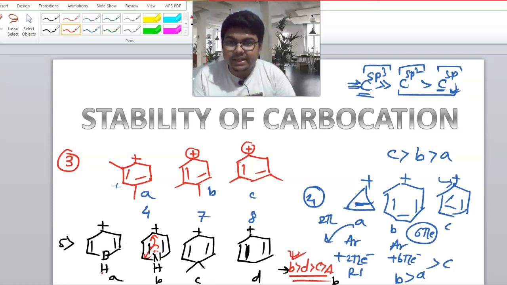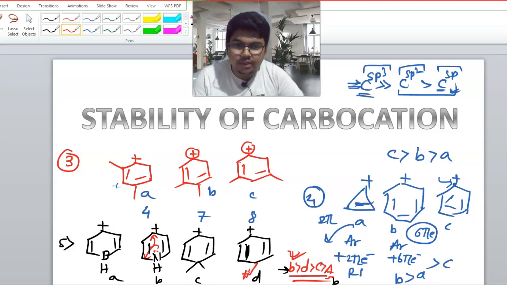Similarly structure A is anti-aromatic, so it is least stable. 4 pi electrons are there. And if we compare C and D, okay, next B is most stable, A is least stable, and between D and C, D is more stable because here the 2 hydrogens can undergo hyperconjugation.